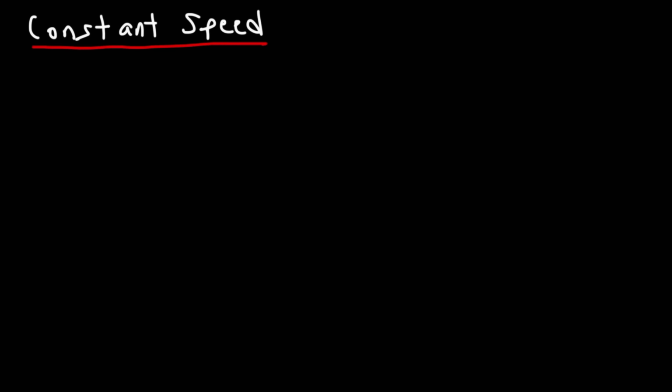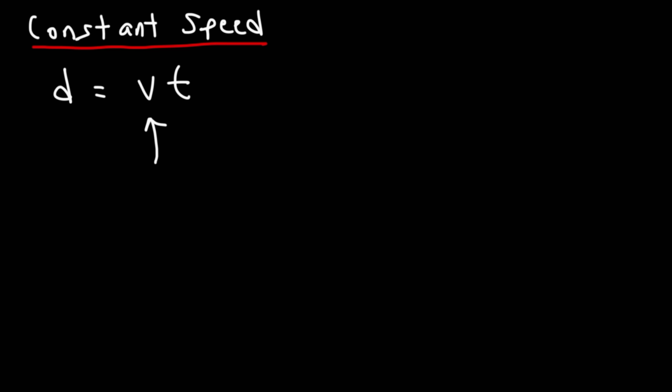Now let's talk about some formulas that you need to be familiar with. When an object is moving with constant speed, typically this is the formula that you need to work with. D is equal to VT. So in this equation, D could represent distance or displacement, depending on how you use the problem.